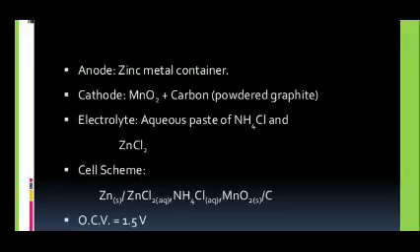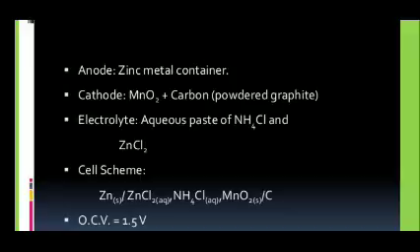In manganese dioxide the manganese oxidation number is plus 4, and it converts to dimanganese trioxide, where the manganese oxidation number is plus 3. The oxidation number decreases, so the reaction is called a reduction reaction, and it occurs at the cathode.